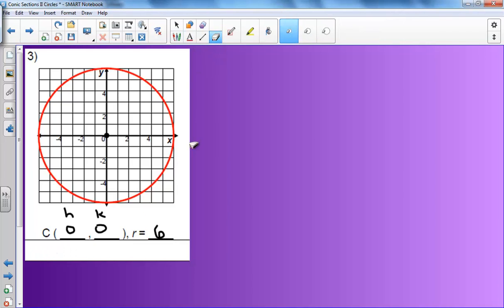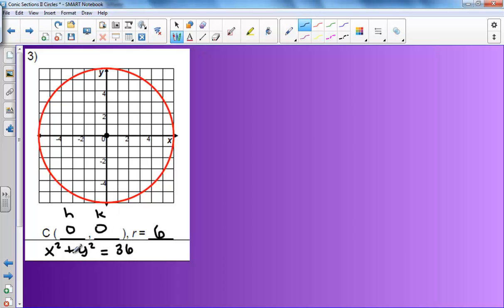So I want to make you aware of what you will see, and that is that when your h is 0, you don't have to write it down. So we could see something like just x squared, and then my k is also 0, so y squared is equal to 6 squared, which is 36.